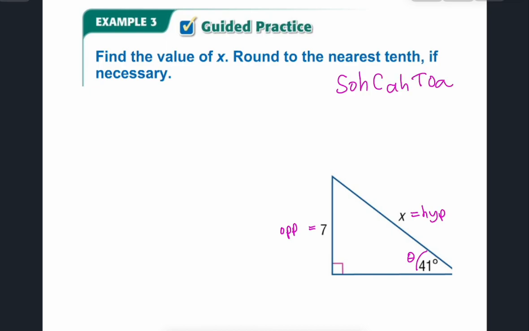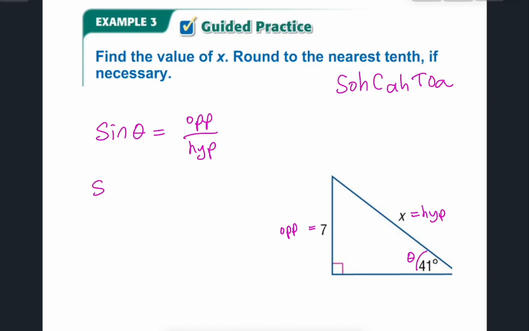So if we are doing SOHCAHTOA, sine, cosine, or tangent, which one uses opposite and hypotenuse? The sine does. So the sine of theta is opposite over hypotenuse. So write that equation down, and then let's go ahead and plop into that equation what we're looking for.